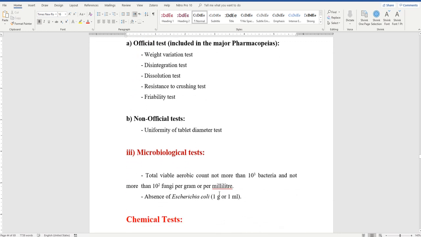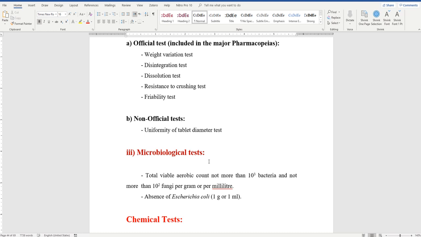Also, in our last discussion, we talked about microbiological tests. Remember here that it is not our intention to produce sterile tablets. Rather, we want to have hygienic tablets.